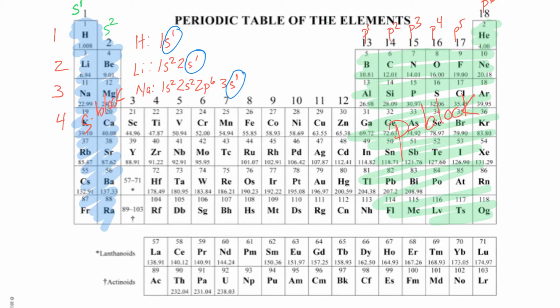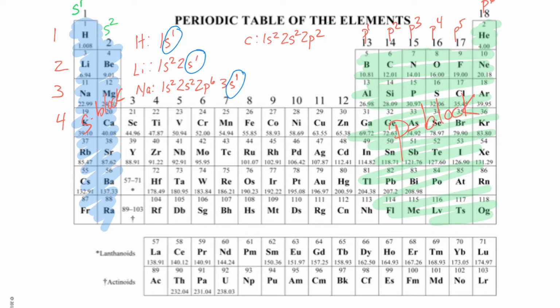So if we write the electron configuration for, well, let's say carbon, 1s2, 2s2, 2p2. Now, carbon is in the second period, and it's in the second column here in the p block. And so I know that carbon's electron configuration is going to end with 2p2 because of that.